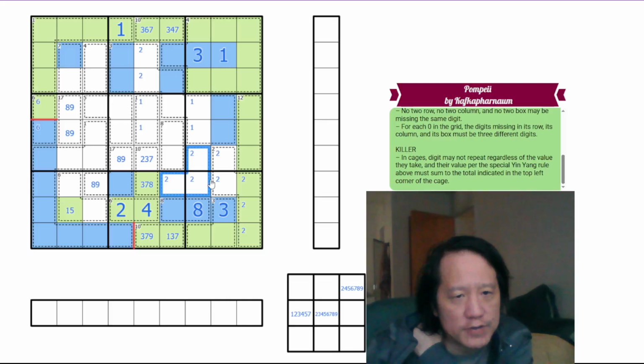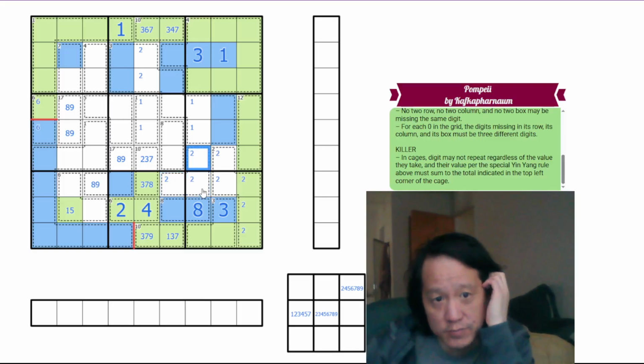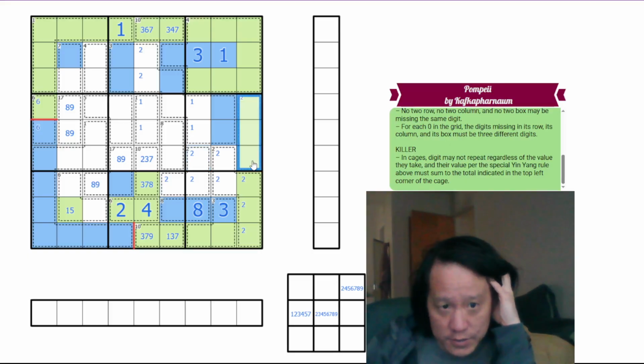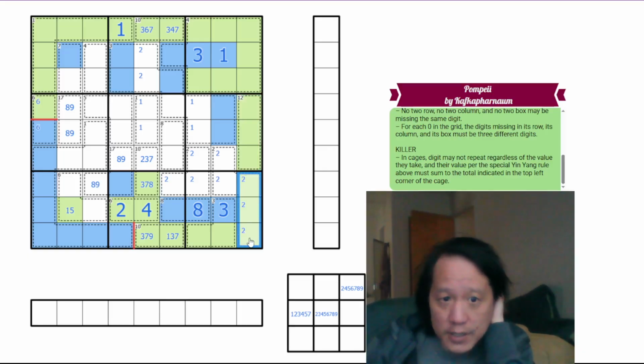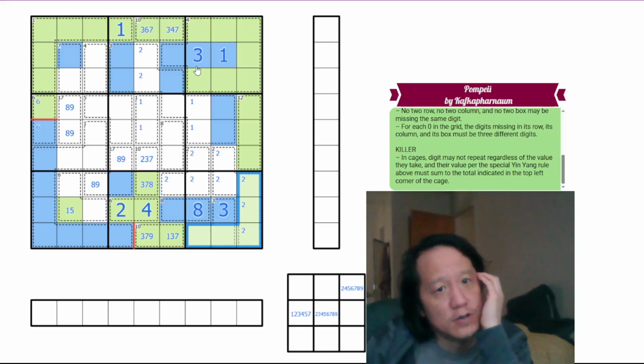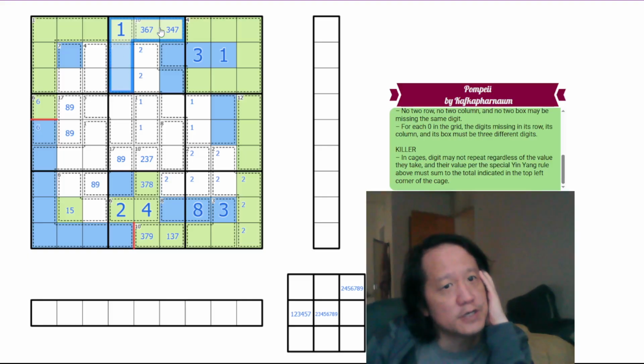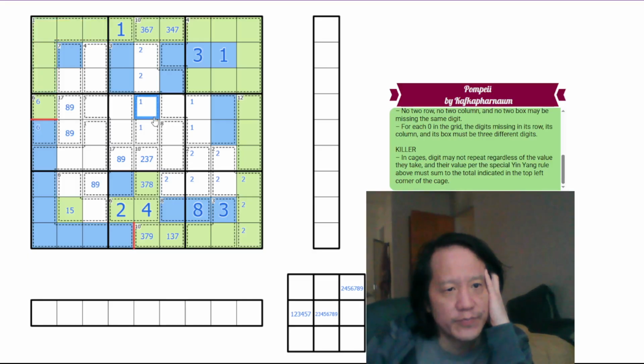Only one out of these three is valid. So it could be blue, green, blue, potential. Well, green is not the same shading as zero here. Green is the same shading as zero here. Green is the same shading as zero here. Blue is the same shading as zero here. Green, same shading as zero. Here we don't know.